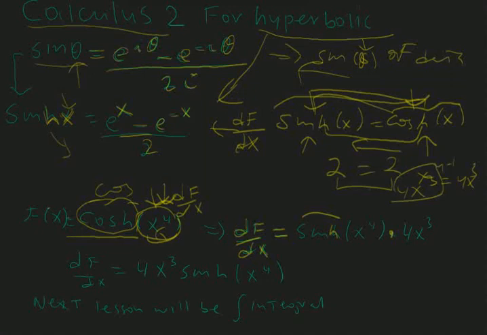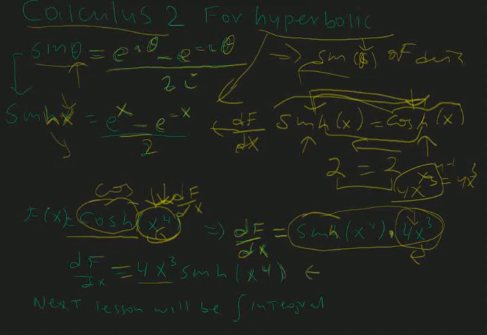And it comes to the front because it is a coefficient. So we have the derivative of f with respect to x equals 4x to the power 3 times sine hyperbolic of x to the fourth.